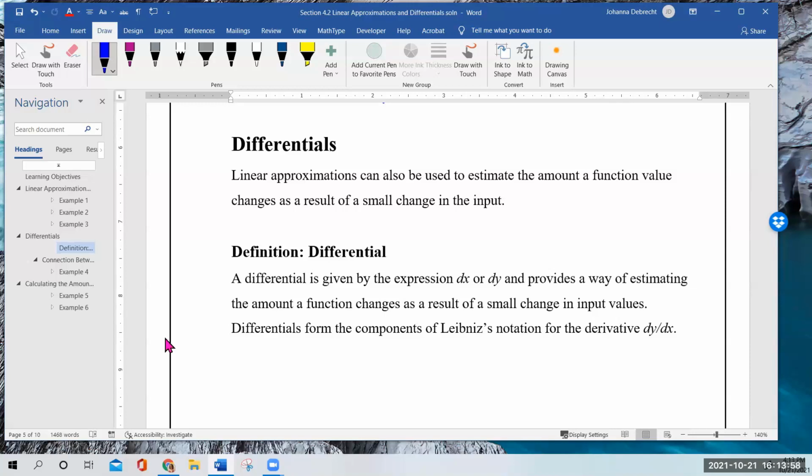The differentials are dx and dy. That's what we call a differential. Notice that we've been using them in the derivative notation dy/dx. Again, these represent a way of measuring how much one function changes as a result of a small change in input values.